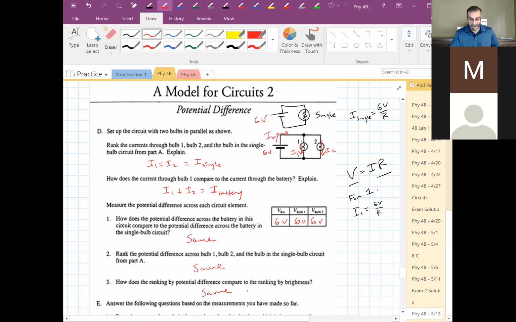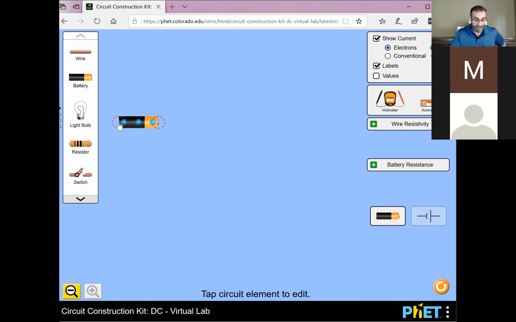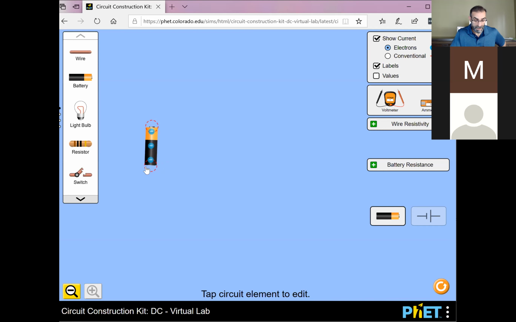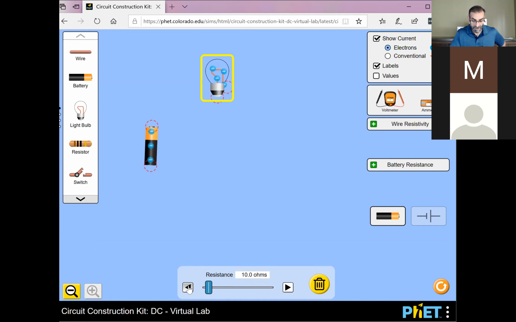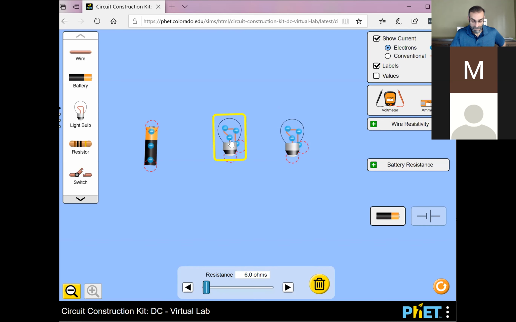Okay, so let's take a look at our circuit. 6 volts. We've got a light bulb. I made them all 6. And we have another light bulb, and they are going to be in parallel.